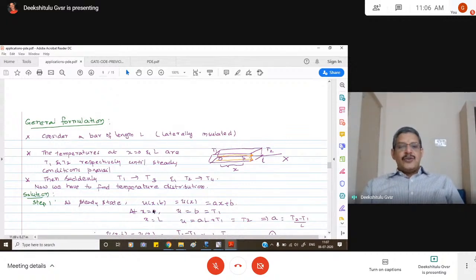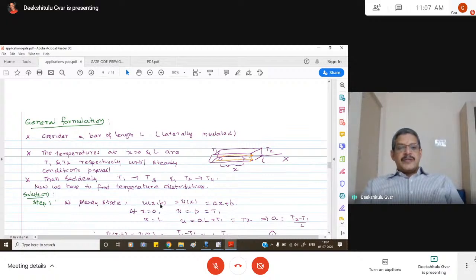Step 1: at steady state, u(x,t) will be independent of t, so it becomes ax + b. Now use the conditions we have. At x = 0, the temperature is T1. Put x = 0: a·0 + b, that means b = T1.